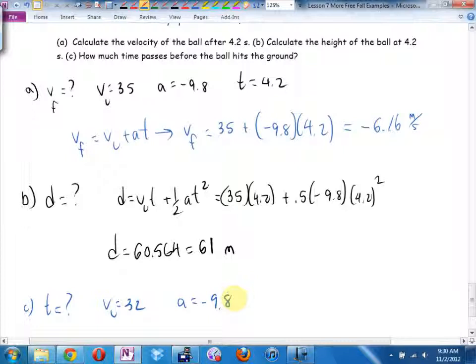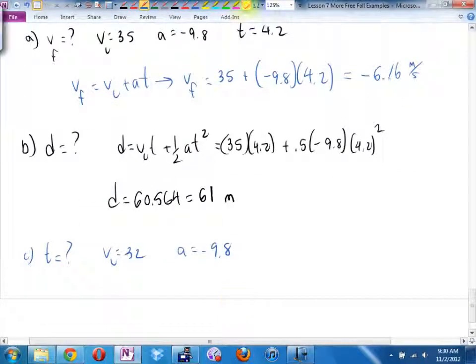I need something else. v_i is 35? 35. I got the 32 from the last question on my brain. Thank you. I need one more thing. Yeah, it equals 0 at the maximum height, and then I could do that and double it.